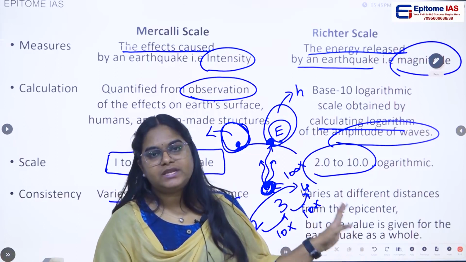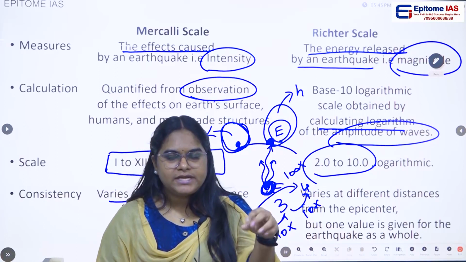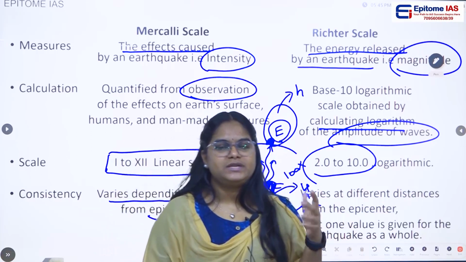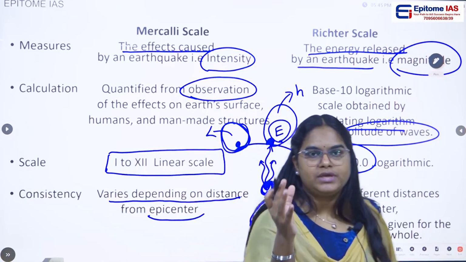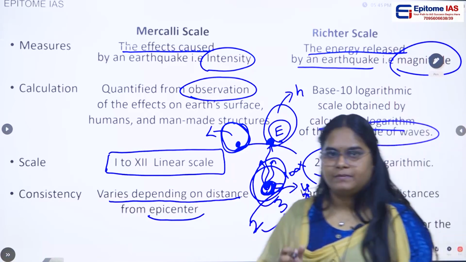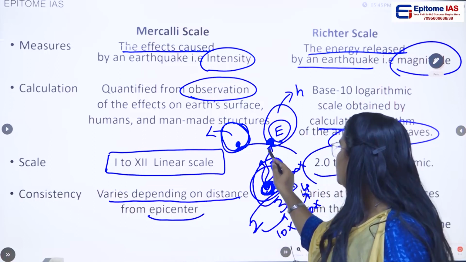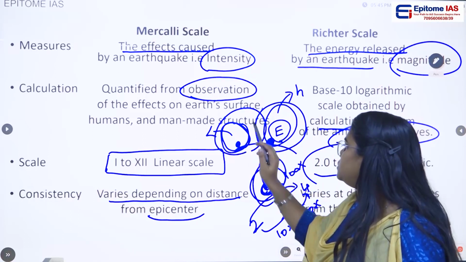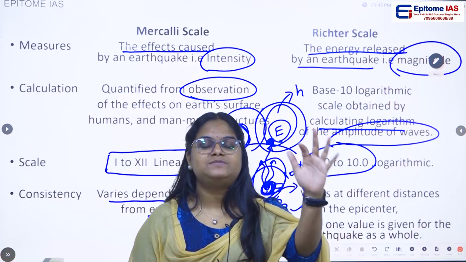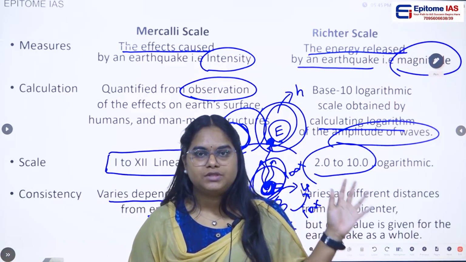But in case of the Richter scale, whether you are calculating from the epicenter or somewhat away from the epicenter, it doesn't matter. Why? Because they are going to calculate how much energy has been released from the focus. They are not going to calculate what happened to the surface of the earth. They are going to calculate how much energy has been released from the particular earthquake.